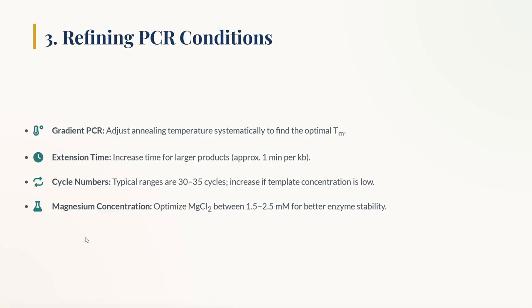Then number of cycles, usually 28 cycles is the minimum that we keep. It ranges from 28 to 30, or 35 is the max. If you are going more than 35, make sure you have added enough template and polymerase and all the reagents, so that it doesn't lag. Otherwise what will happen, suppose you have kept 35 cycles and the reagent is sufficient only for 34 cycles.